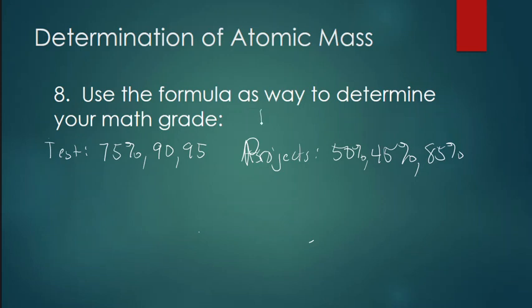Finally, daily assignments. These are little bitty things. And because it was in class and he didn't have any other choice, he got a 95 and then a 90 and then a 33 because he didn't feel like working that day.